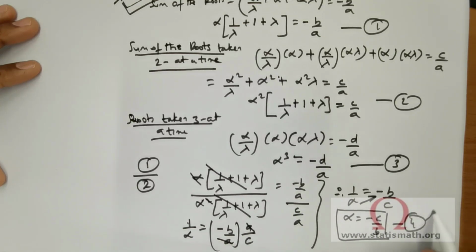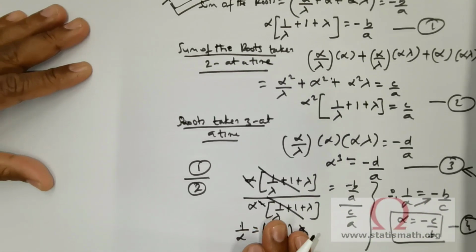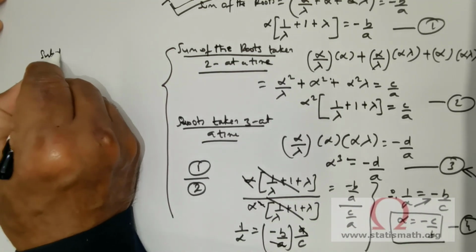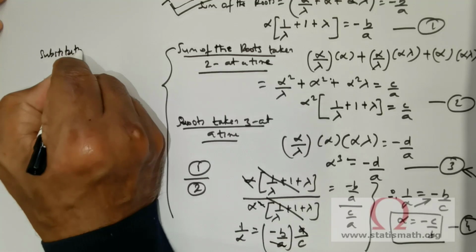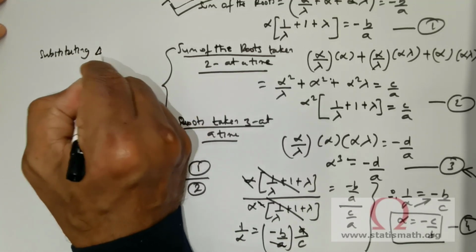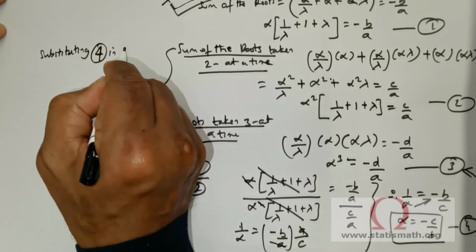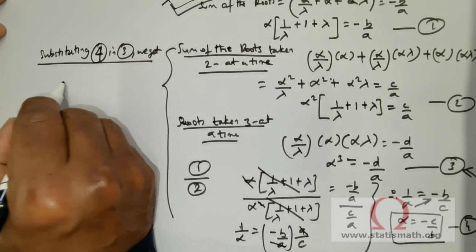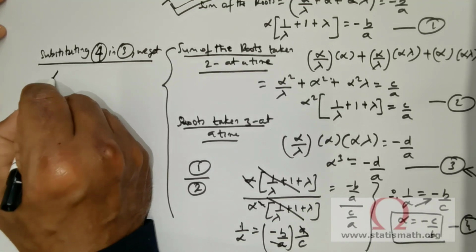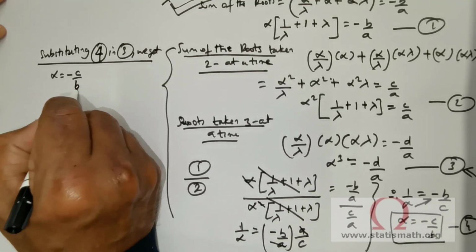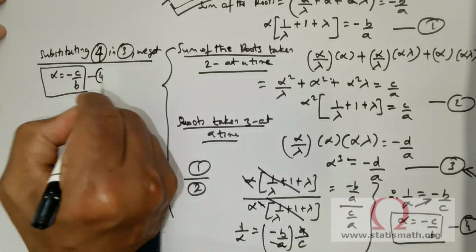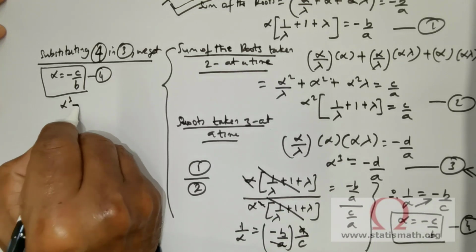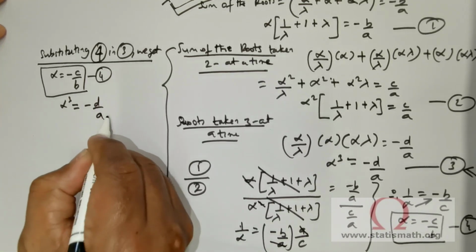So I'm going to substitute 4 in 3. My 4 is alpha is equal to negative c over b. My 3 is alpha cubed is equal to negative d over a.